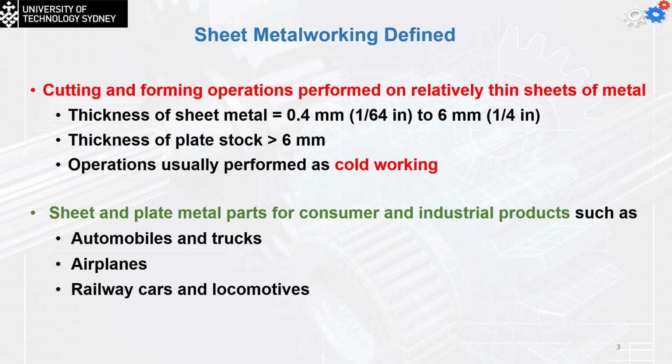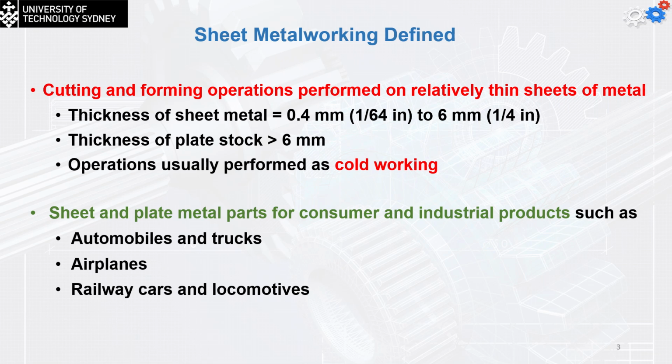So in this one, we are going to define the sheet metal working as the cutting and deforming operations performed on the relatively thin sheet of metals, where the thickness of the sheet metal is going to be about 4 millimeters to 6 millimeters. The thickness of the plate stock is going to be anything above 6 millimeters, and the operation is usually going to be performed as a cold working.